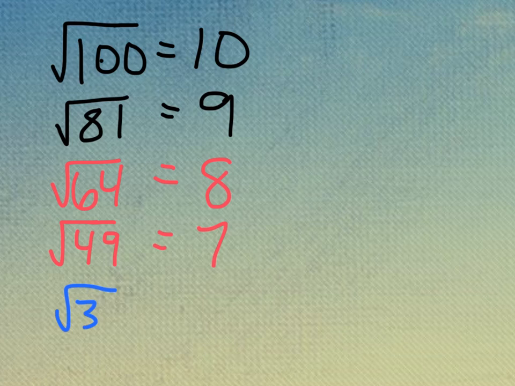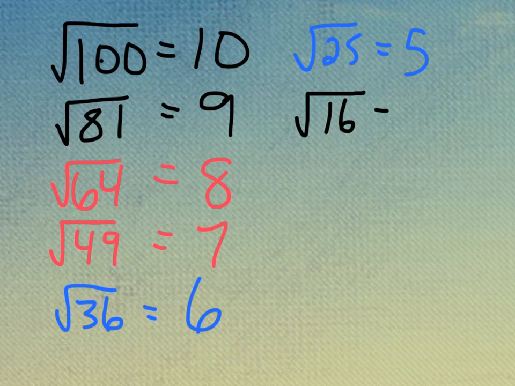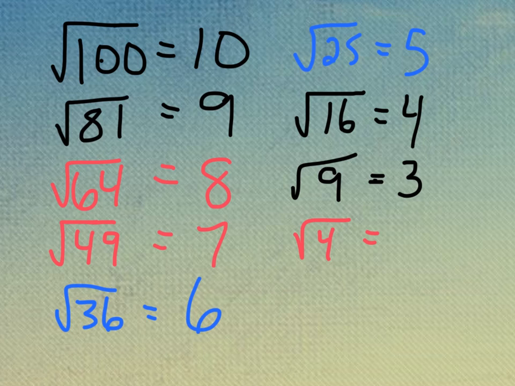The square root of 36 is 6. The square root of 25 is 5. The square root of 16 is 4. The square root of 9 is 3. The square root of 4 is 2. And finally, the square root of 1 is 1.